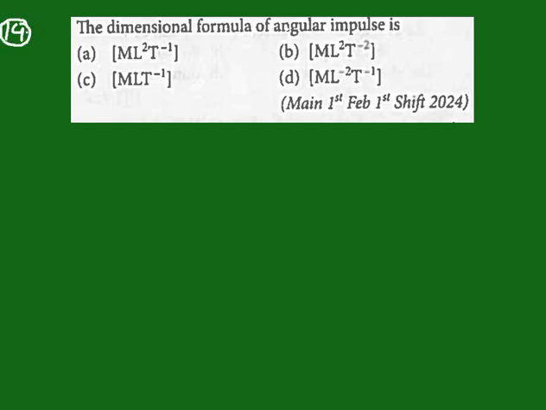14 number question. Angular impulse. They have directly asked the dimension of angular impulse. What is the angular impulse? According to the direct relation, angular impulse J can also be written as what? Change in angular momentum.